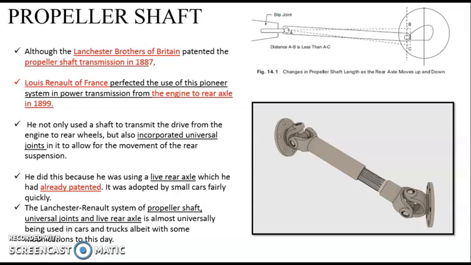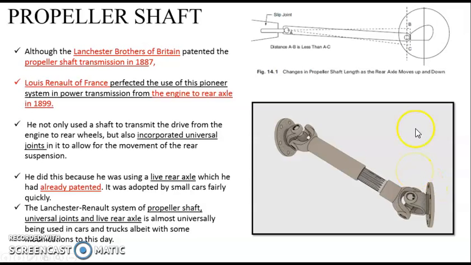So first we will see the requirement of the propeller shaft. First, it should transmit the power from the gearbox to the differential without changing the speed.